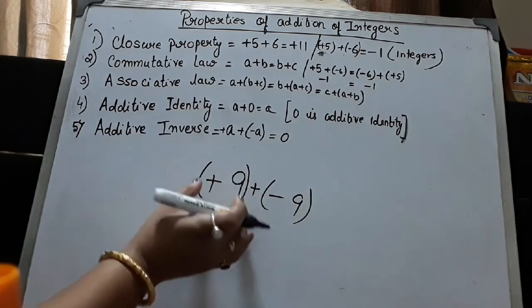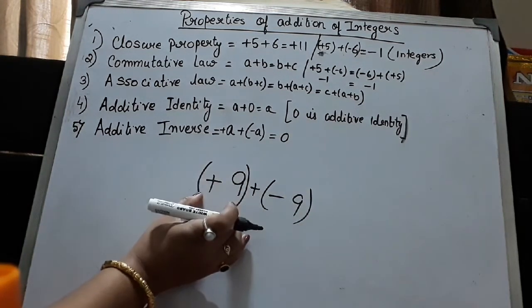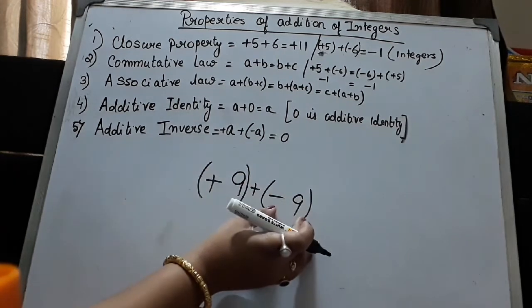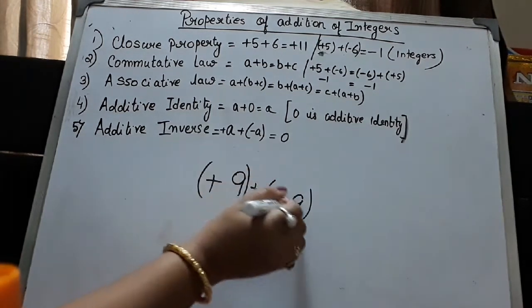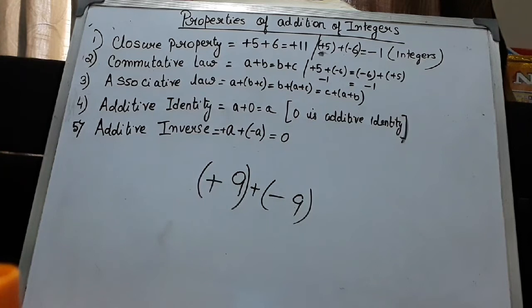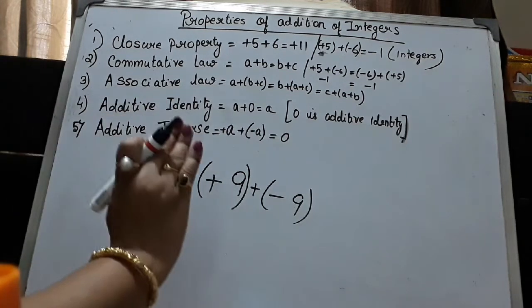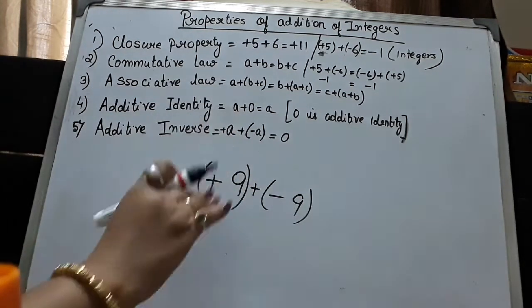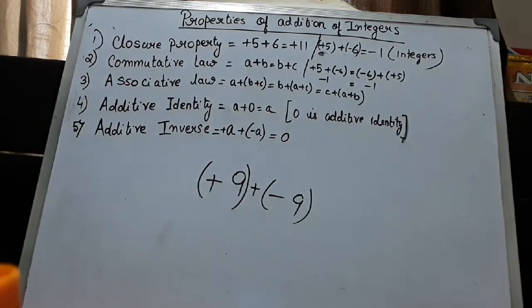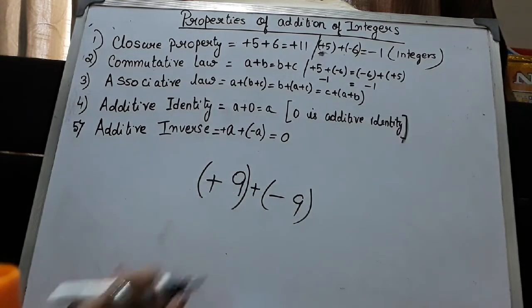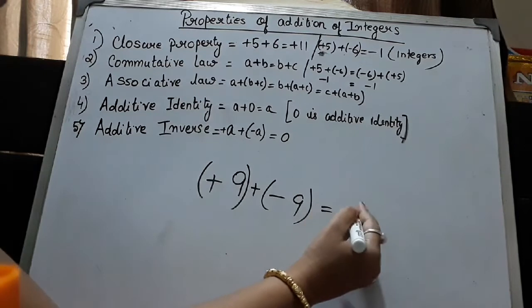It can be a negative number with a positive number, same digit. So what happens when we add any plus number with its inverse number? The answer always comes 0.